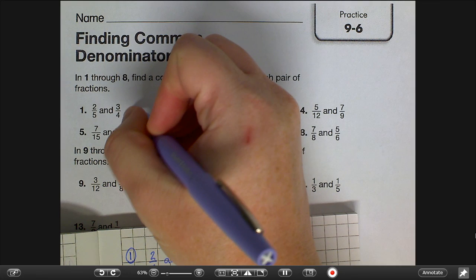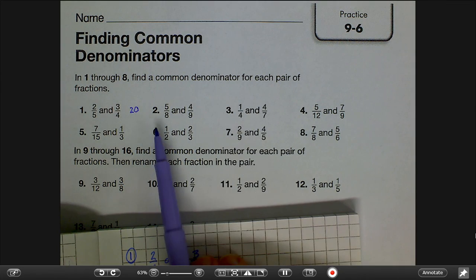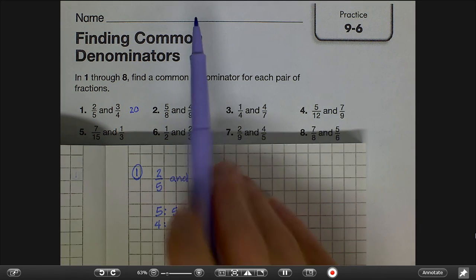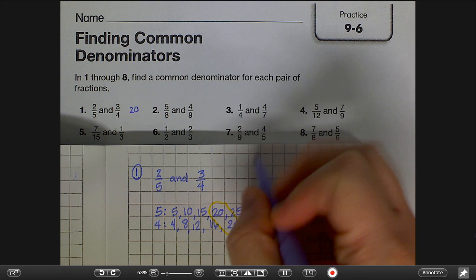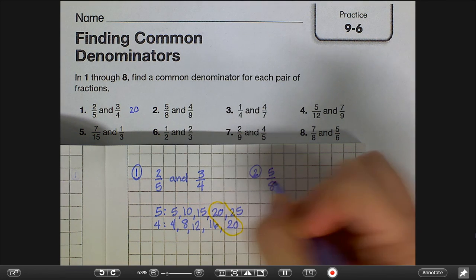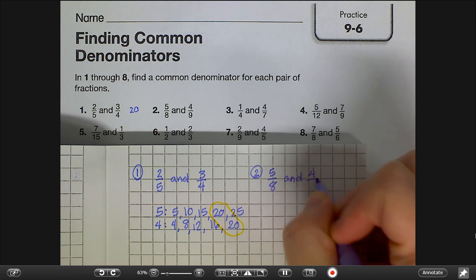So I might write this here to the side. Okay. Number 2. Oh, number 2 is tricky. The numbers are pretty big. We have an 8 and a 9. 5/8 and 4/9.